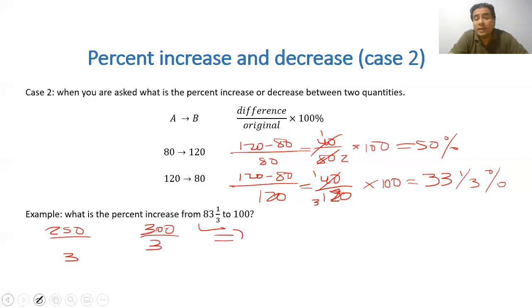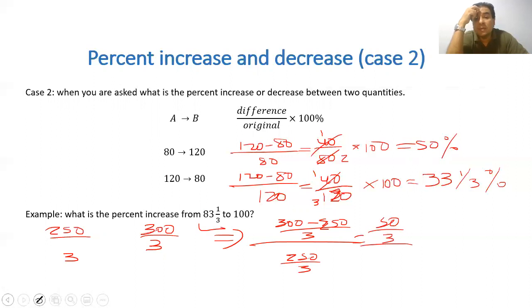So now I can figure out the increase, which is (300 minus 250) over 3. And I divide by the original, which is 250 over 3. So I have 50 over 3 divided by 250 over 3.